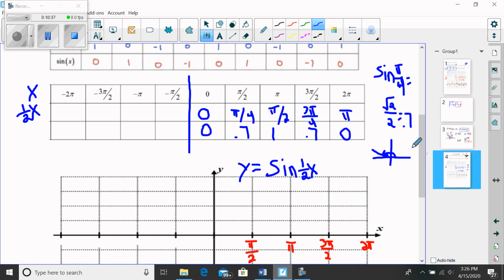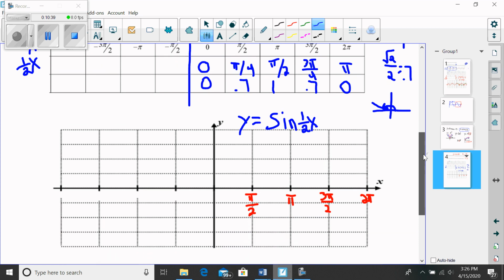Okay, so remember a full cycle of sine, right? I'll come over here and draw the full cycle of sine. I have to go this upper hump, this lower hump, back to 0 to get a full cycle of sine. And what we can see happening here is that I got just that upper hump, right?